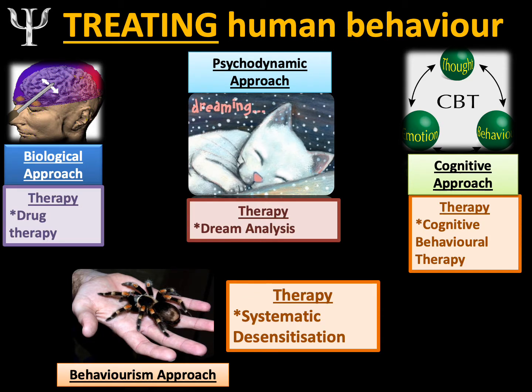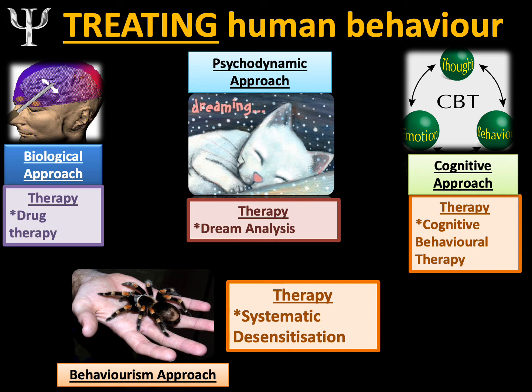Because explaining human behavior then helps us treat it, and psychologists see their duty as being those who not only can explain human behavior, but can then also inform treatments so that we can make people better.